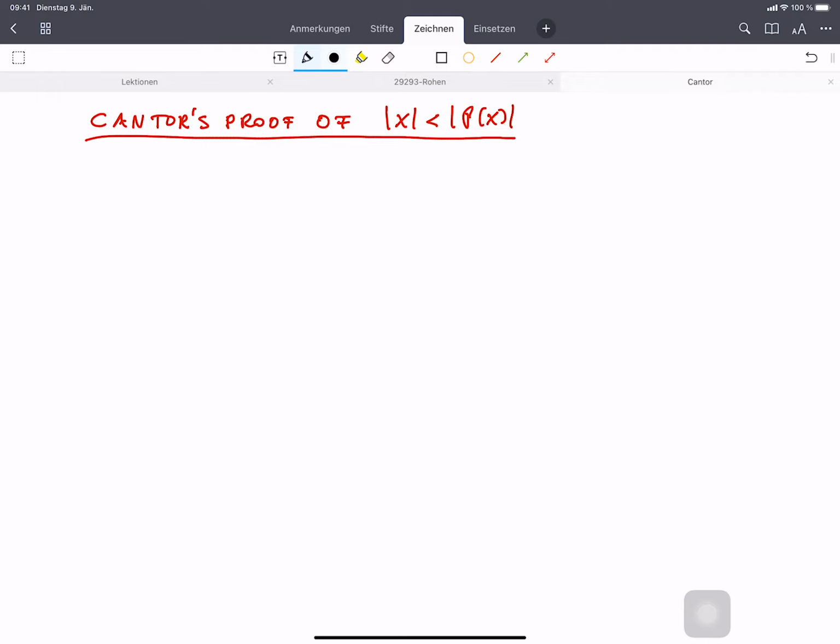In this video I shall present Cantor's proof of the fact that the cardinality of a set is always smaller than the cardinality of its power set.